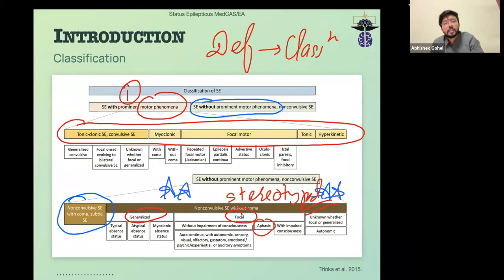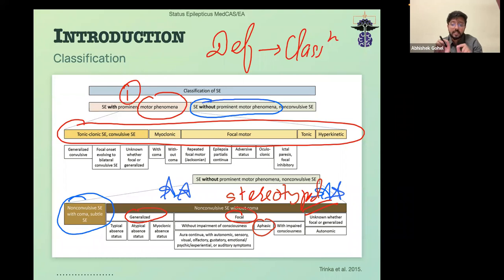Stereotyped means if it is a visual hallucinatory seizure, they will... suppose a person is coming to my OPD with a complaint of recurrent visions where he sees his friend repeatedly coming from the right hemifield, coming to him, talking, and then going away repeatedly.